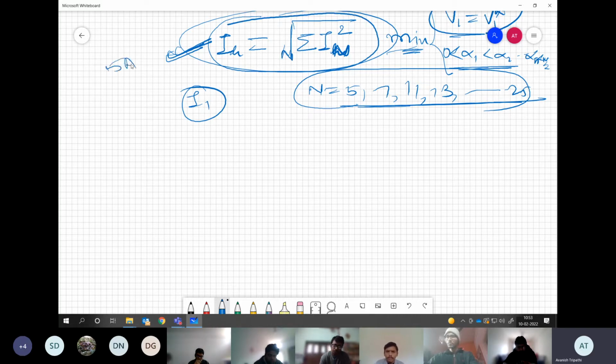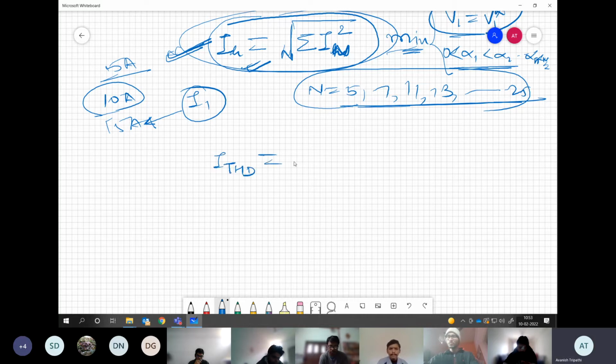Say you are drawing 5 ampere or 10 ampere or 15 ampere, this number will remain the same. So something which is more relative to the fundamental current is what is called ITHD. This is the ratio of the sum of all the harmonics and the fundamental.